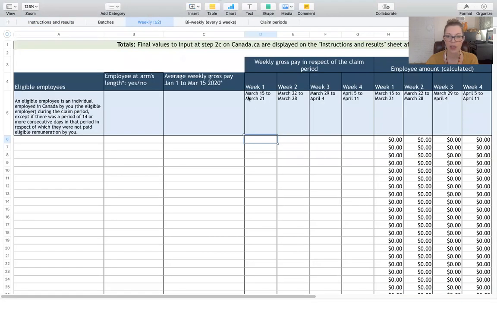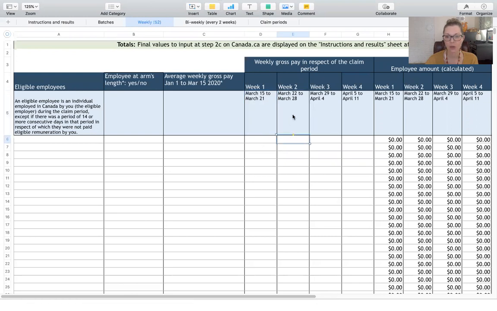And I'm just working on the weekly tab here. Okay, so I've got March 15th to March 21st. So regardless of when I actually receive the money, if I was working during March 15th to the 21st, these would be my wages that I earned in that week.